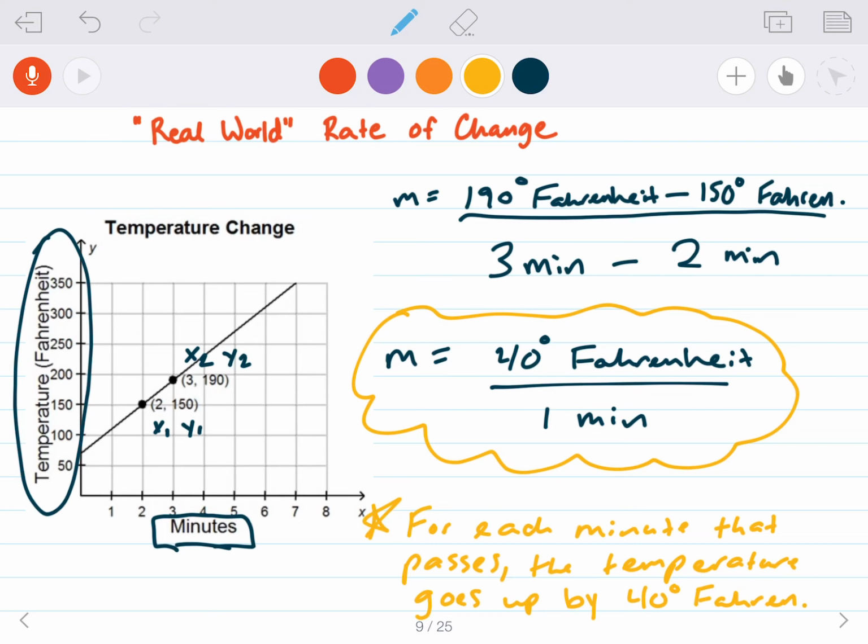Now, if this were negative 40, that would tell us that the temperature is dropping 40 degrees Fahrenheit per minute, okay? And this is a constant rate, increasing by 40 degrees every minute. So that's one real-world example of slope or rate of change.